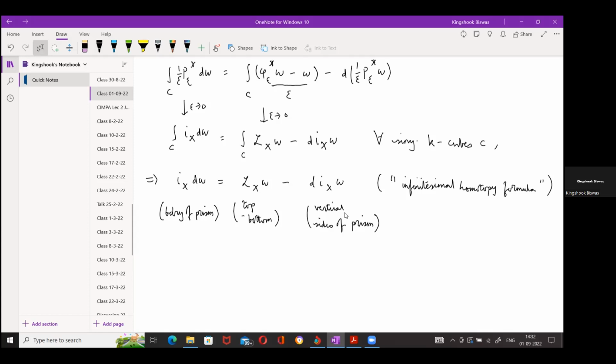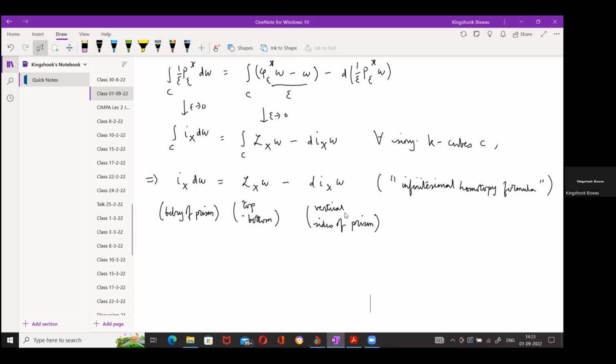It doesn't tell you anything about what's happening. So this is a very easy proof, and you can see the proof literally. It's just the fact that the boundary of the prism is the top minus the bottom minus the vertical sides, minus the prism of the boundary. That's all.